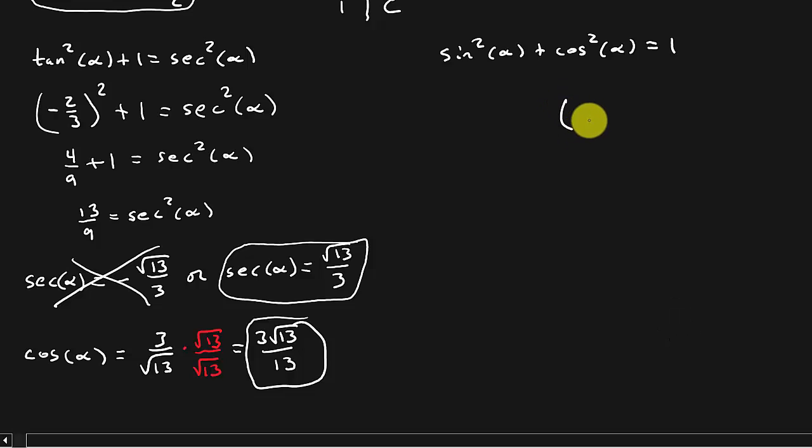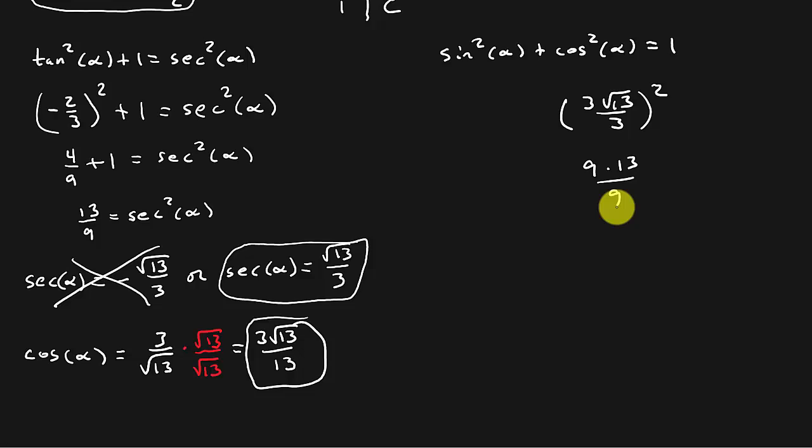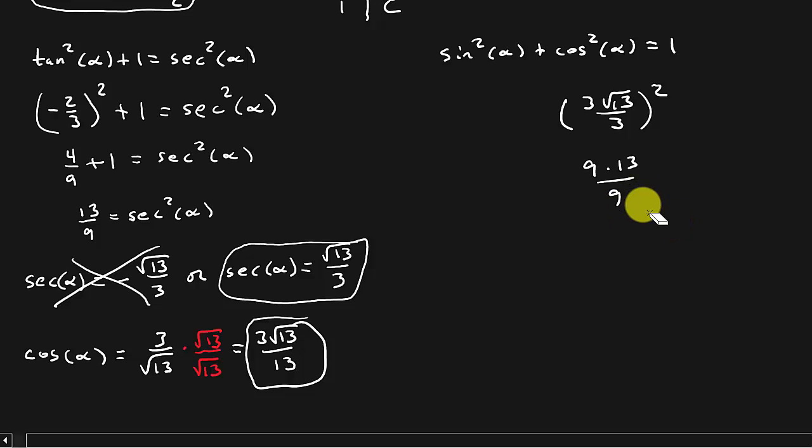So look at this. If I get cosine and I plug that in, then I got to square that. That's going to be 9 times 13 over 9, which gives us our value. I'm sorry, that's 13.